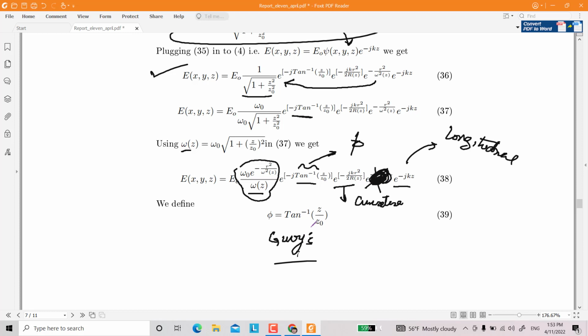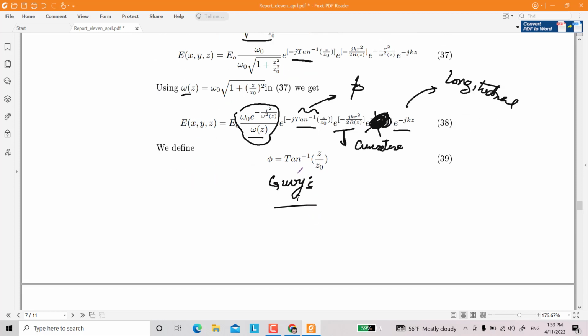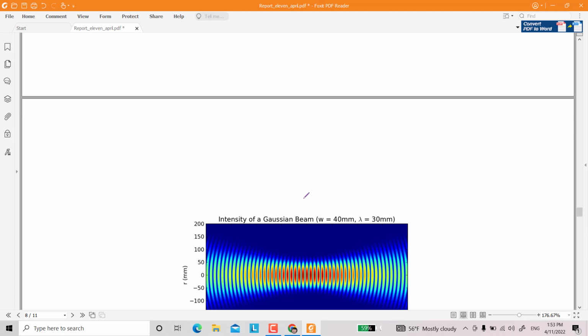Similarly, if you move from z equals minus infinity all the way to z equals plus infinity, there appears an additional phase which is plus pi by 2 at z equals plus infinity. So if you find the phase change in propagation from z equals minus infinity to plus infinity, your electric field profile gets an additional phase of pi by 2 plus pi by 2, that is pi. This is called the Gouy phase.